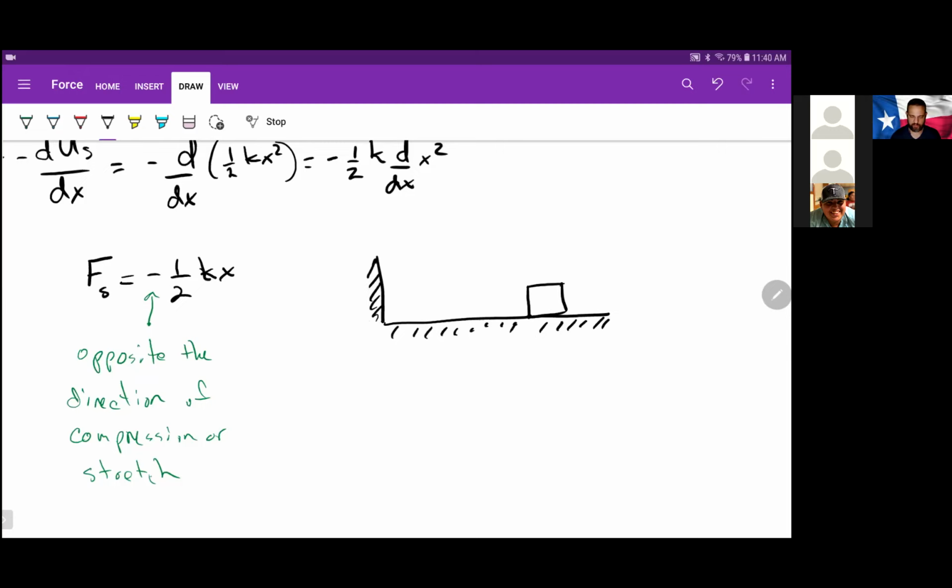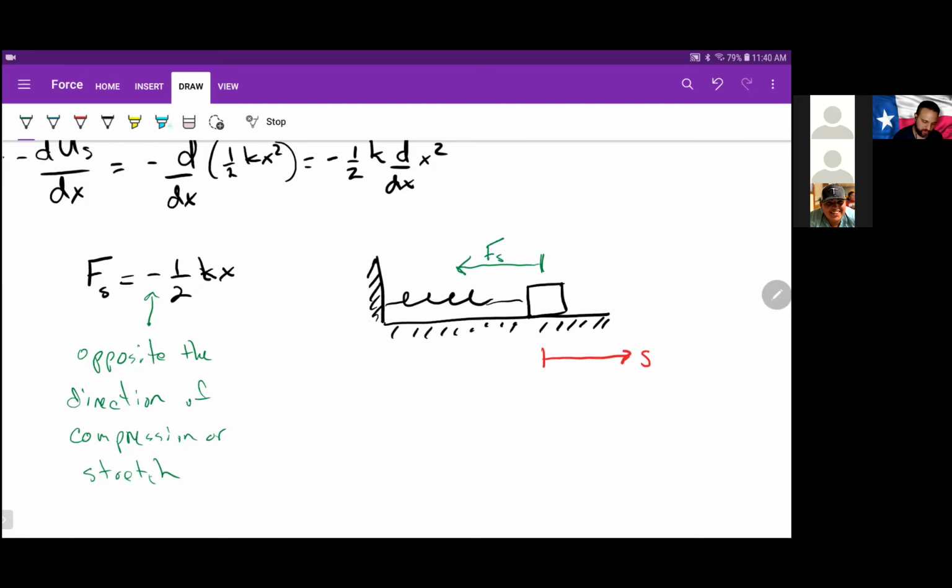I've stretched the spring out this way. If S is going this way, my force due to the spring is going to go in the opposite direction.